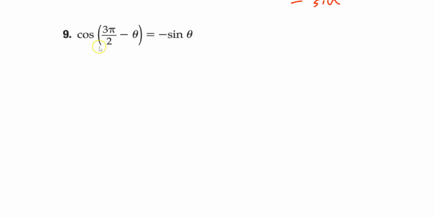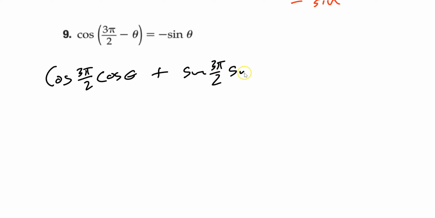This one here, same idea. Cosine, use the formula. Remember, it's cosine of the first, cosine of the second, switch the sign, sine of the first, sine of the second. We need 3 pi over 2. Here's 0, here's pi over 2, here's pi, here's 3 pi over 2.